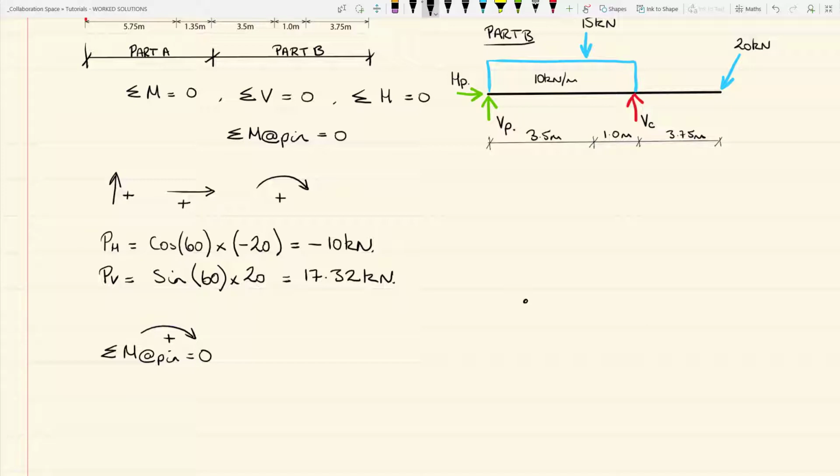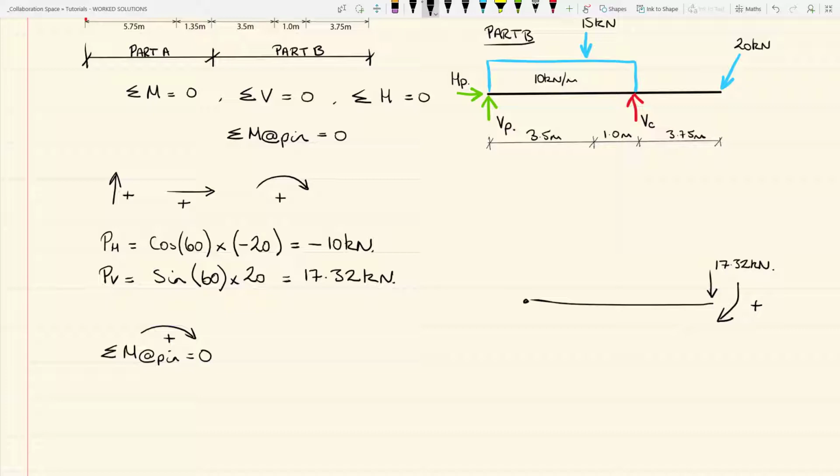So we have our pin, we have our beam, and we have the vertical component of that point load, 17.32. And that is acting clockwise about the pin. It is positive. That's why I ignored the sign earlier on.